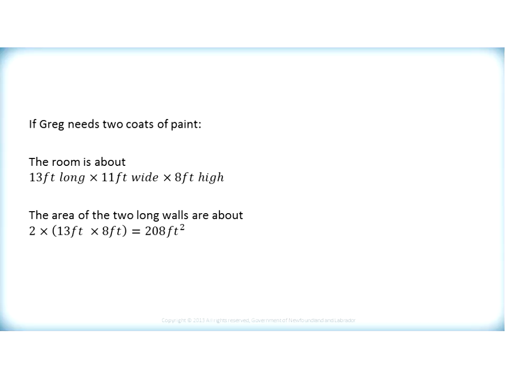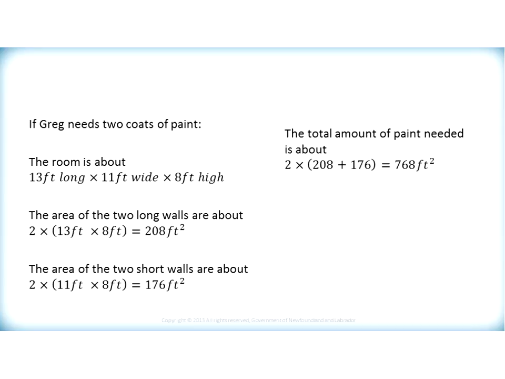So what he'll do is first measure the area of the 2 long walls in the room. They're both 13 feet long and 8 feet high. So that works out to be 2 times 13 times 8, or about 208 square feet. The 2 shorter walls are 11 feet long by 8 feet high, and there are 2 walls. So that works out to about 176 square feet.